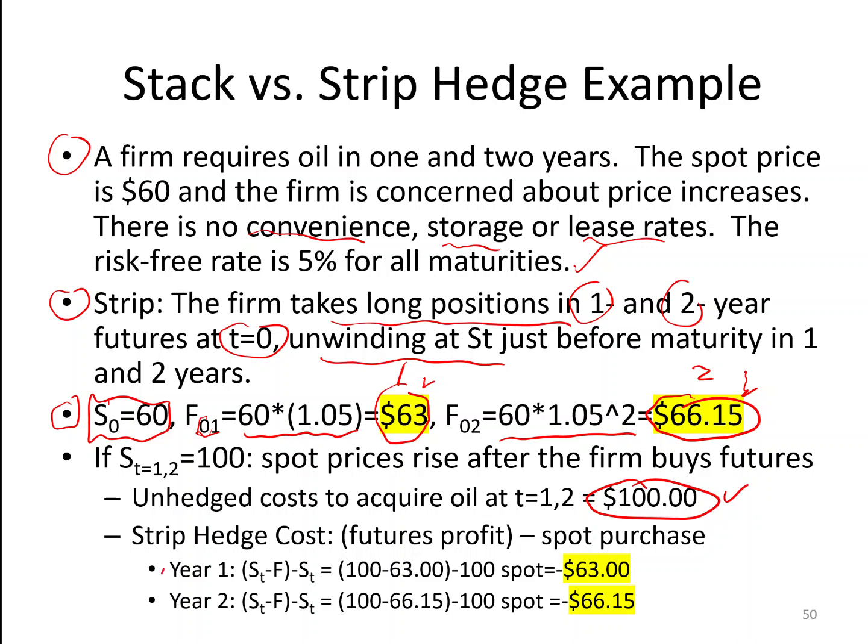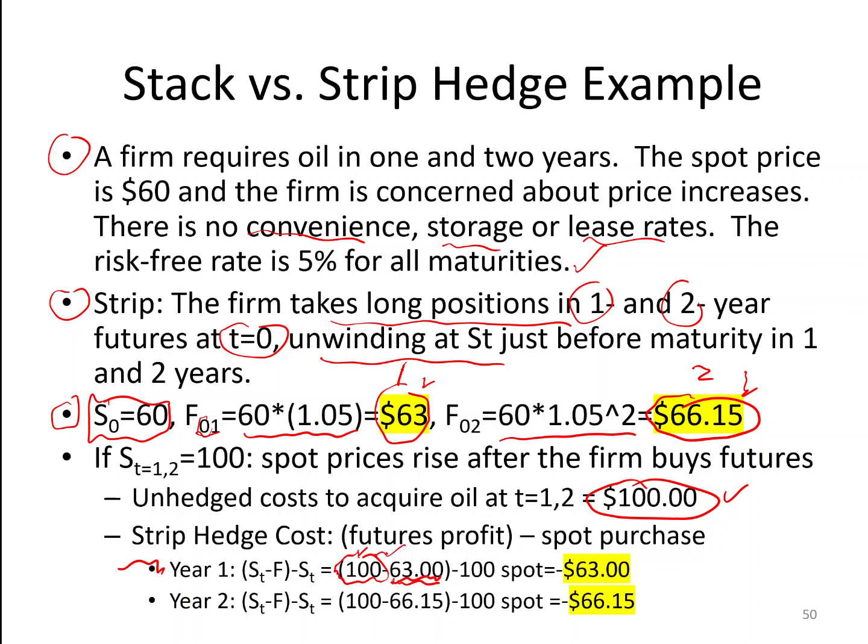So just before maturity of the first contract, they're going to unwind at a futures price of $100. However, they are locked into a futures contract of 63. So they're going to pay 63 and they're going to short it and sell it at 100, and they're going to make a profit of this difference.